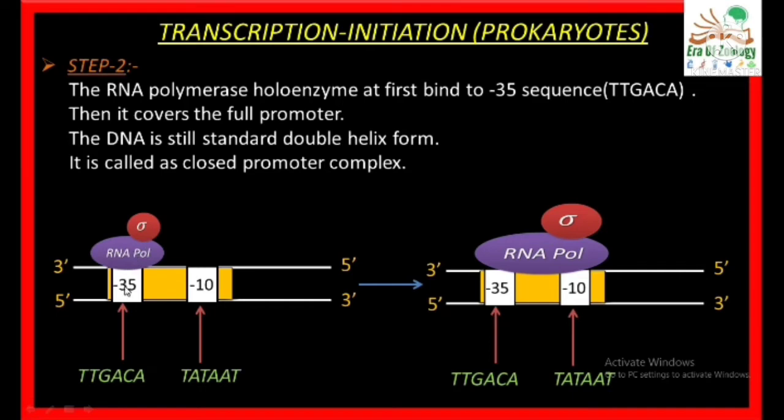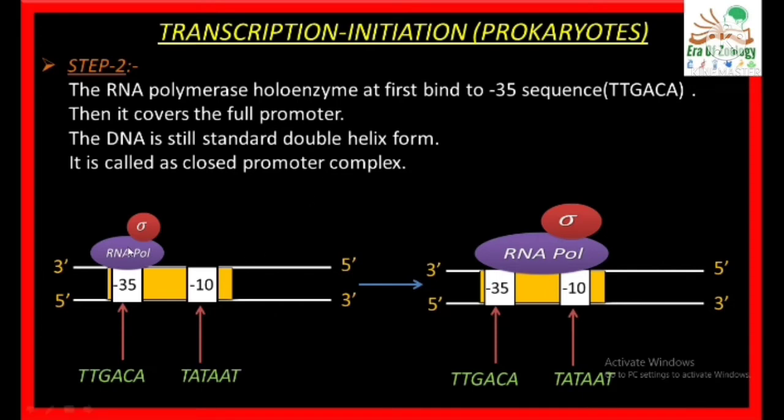So in the second step, the RNA polymerase along with the sigma factor will attach with the -35 sequence of an optimal promoter. They will not attach with the -10 sequence at first. They will choose the -35 sequence, not the whole promoter.